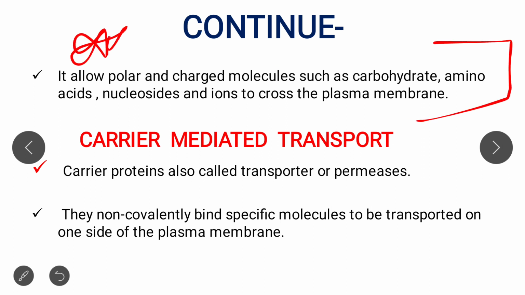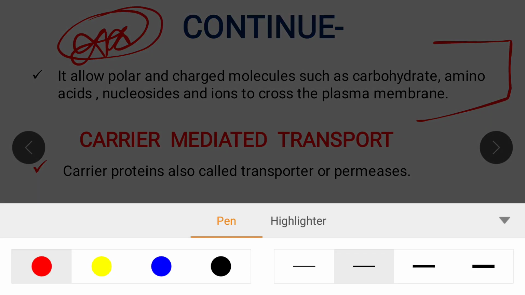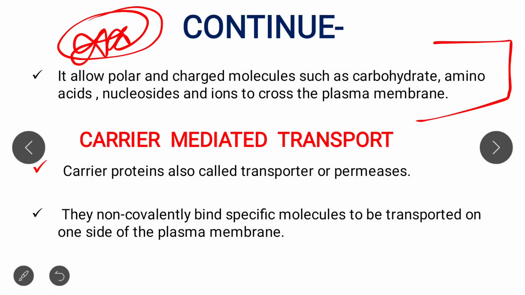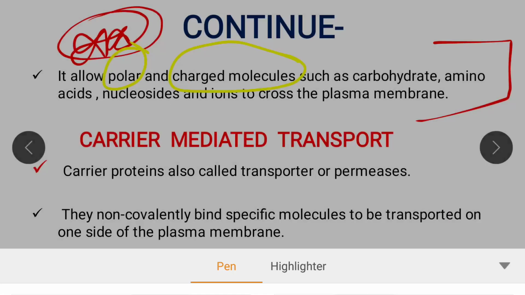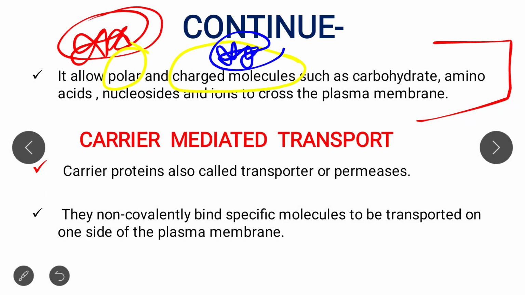The most important point is this, please remember this point about facilitated diffusion. Facilitated diffusion basically allows polar and charged molecules. Remember this point, charged molecules. I just marked it as an important point.